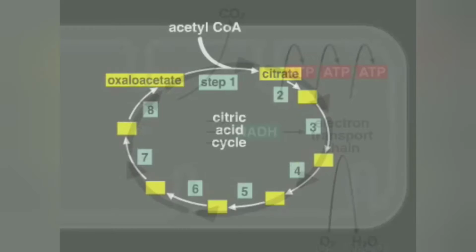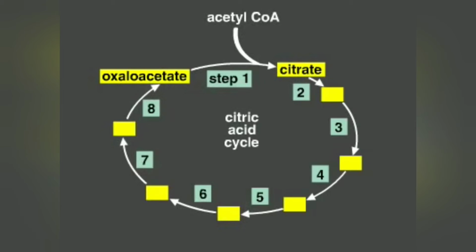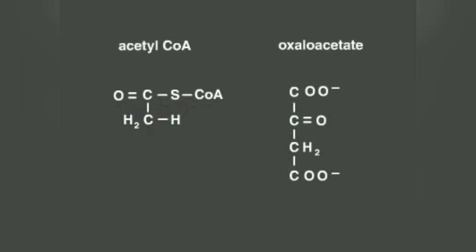The molecule that enters the citric acid cycle is the 2-carbon compound acetyl-CoA. Acetyl-CoA joins with the 4-carbon oxaloacetate to create the 6-carbon citrate. We'll track the carbons from acetyl-CoA with a red color.